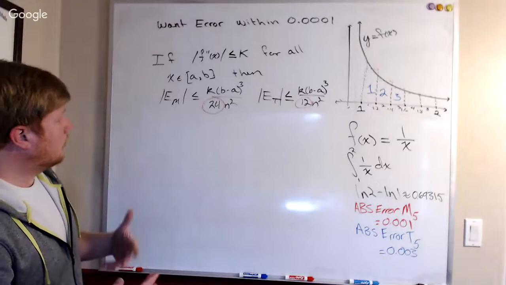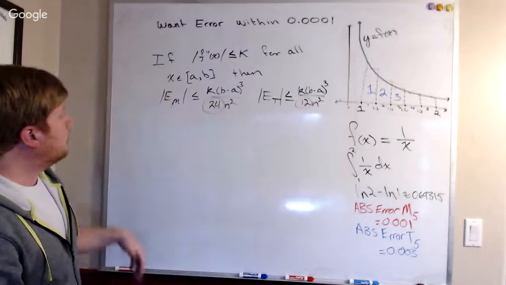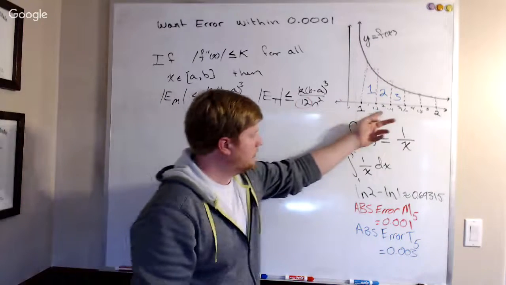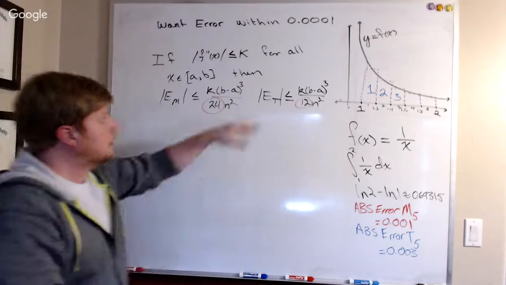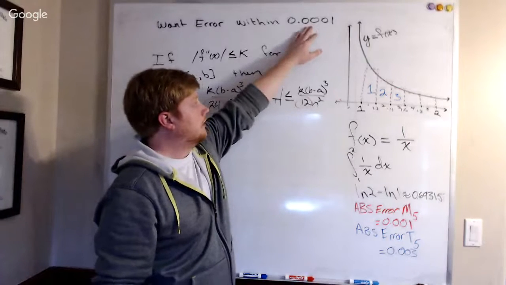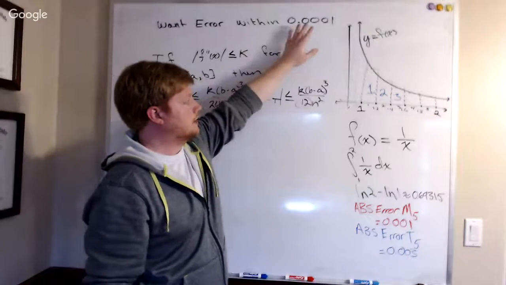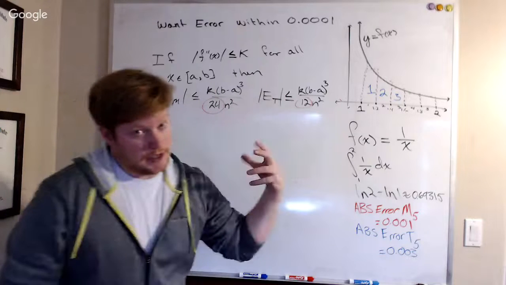Okay, so we're going to answer this question for this problem here. What value of n do I need? Or in other words, how many subintervals do I need so that the midpoint rule and the trapezoidal rule come within this error? Okay, so the first thing I need to do is find the value of k.